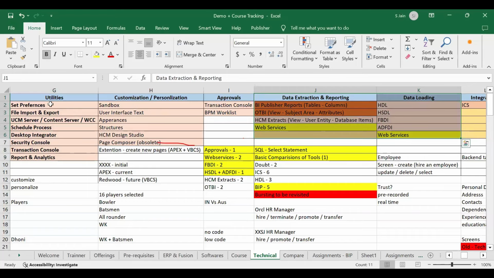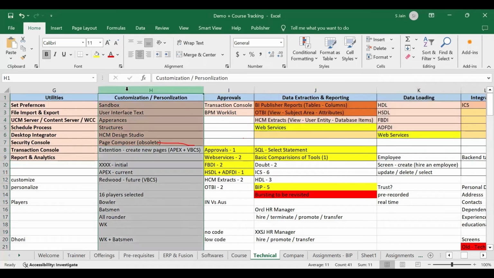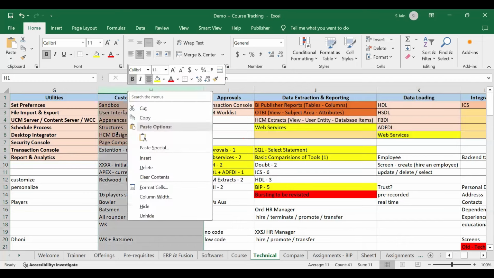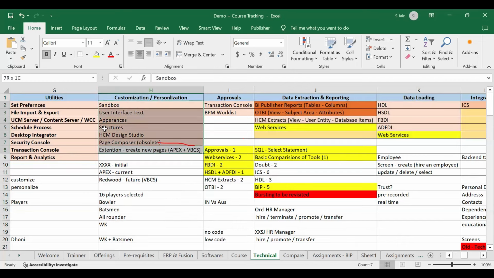Suppose I have given you this particular sheet. This sheet is your local copy. You are opening it on your laptop, and while opening it you can personalize things. You want to remove this, hide this, make it bold. All these changes you can do as per your requirement. That is called personalization and customization.